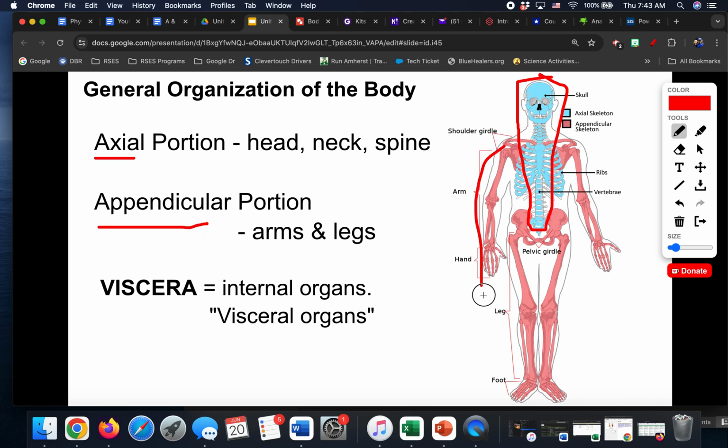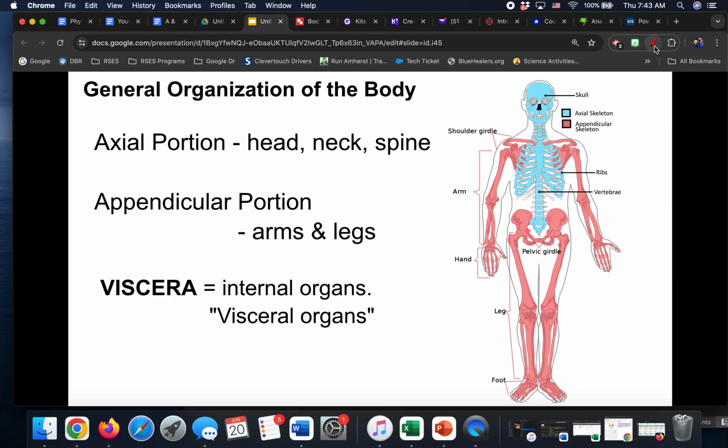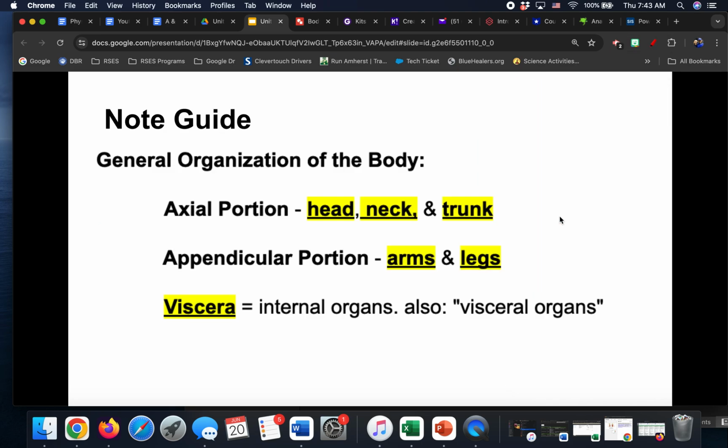They're considered your appendages, so those names make sense too. And then your organs, your internal organs, like your lungs, your gallbladder, heart, all of those things are called viscera. Good, pause while you put that in your notes.